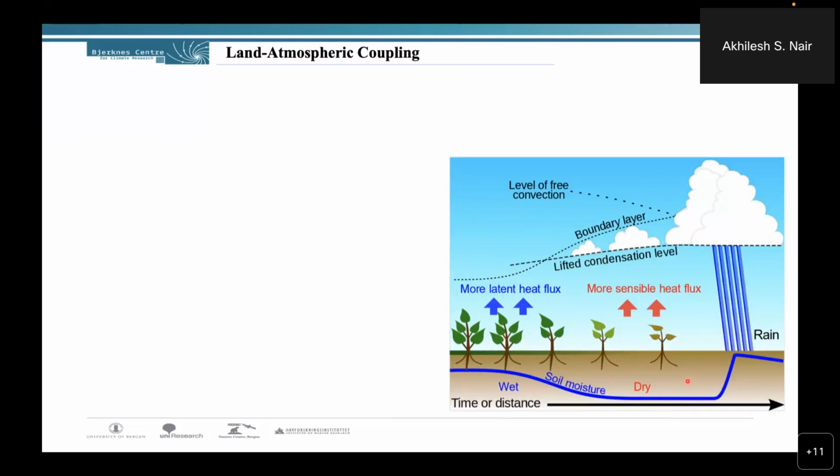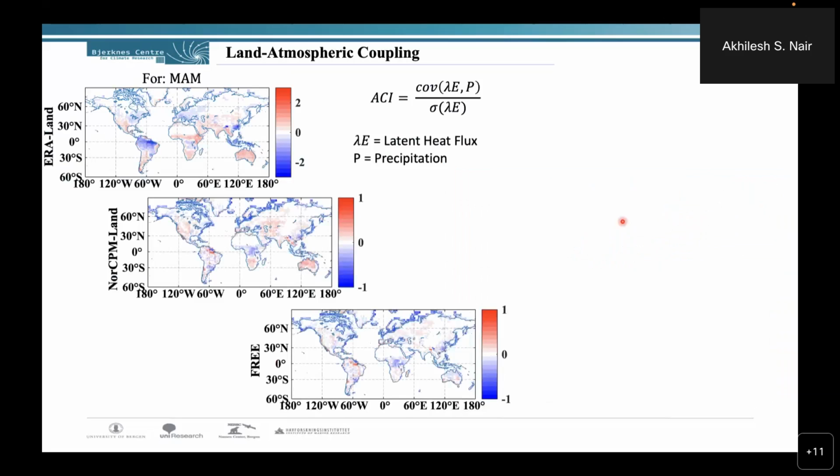When it gets dry, you get more sensible heat flux, which causes the rising of the boundary layer, formation of clouds, and again precipitation, and you get an increase in soil moisture. So soil moisture even affects the latent and sensible heat fluxes. We tried to evaluate how it changed after assimilation.